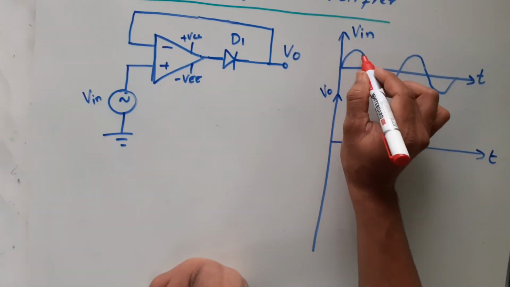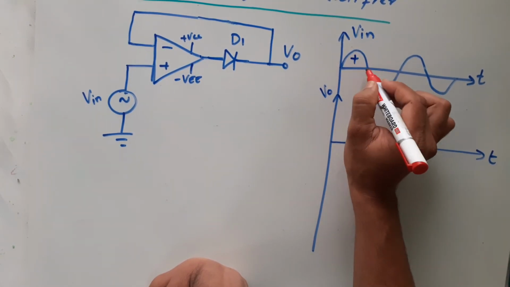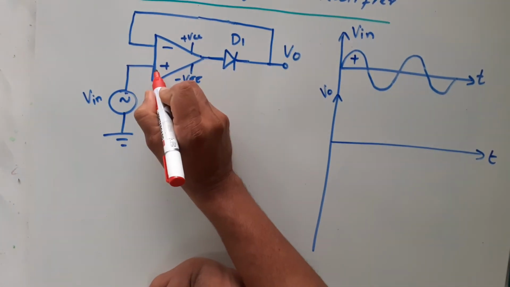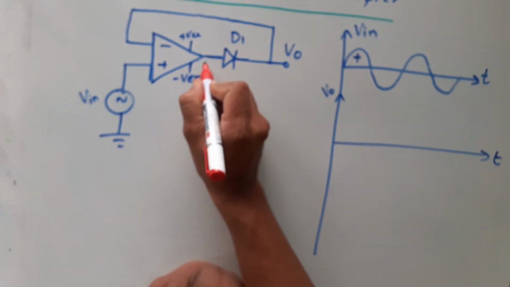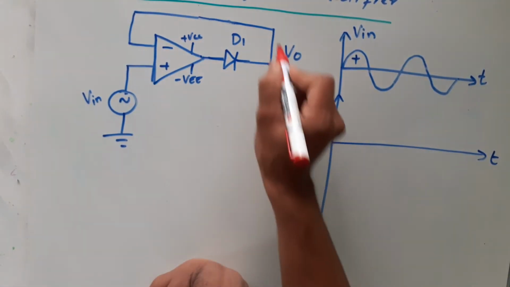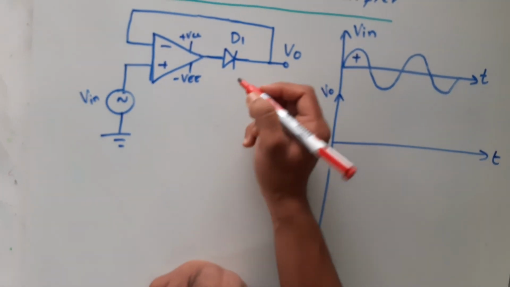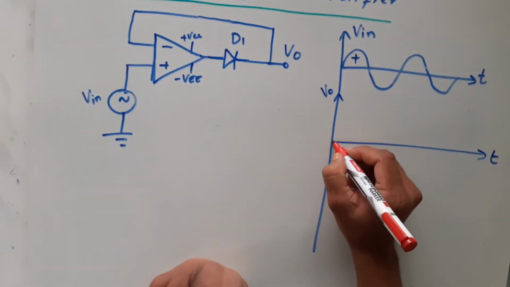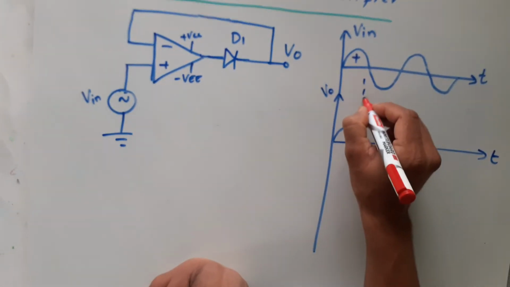When this positive half cycle input is provided, at this point it will give you a positive output. Since it is being used as a voltage follower, where output is equal to input, your output will be equal to input.